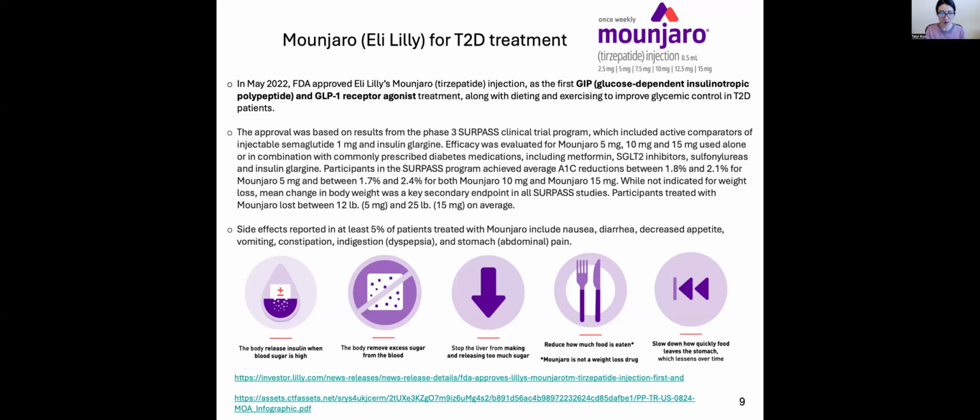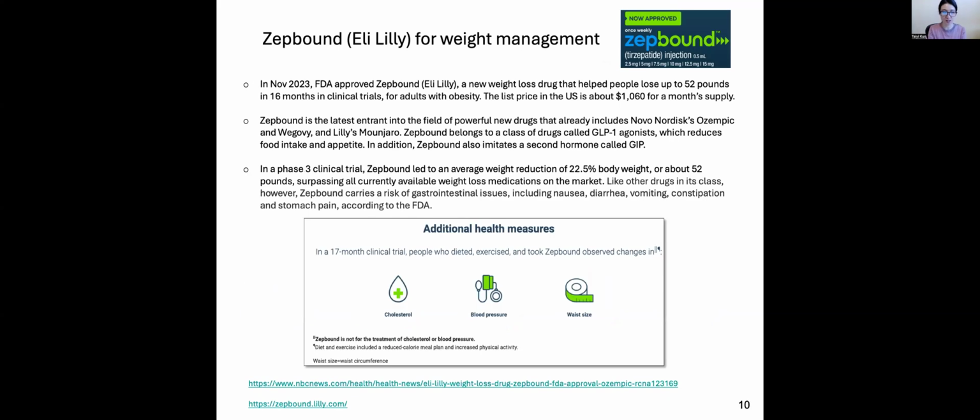Okay, as we observe that there is a weight reduction, of course, Eli Lilly is not going to give up any chance of developing a new drug. And in this case, it's called Zepbound for weight management.